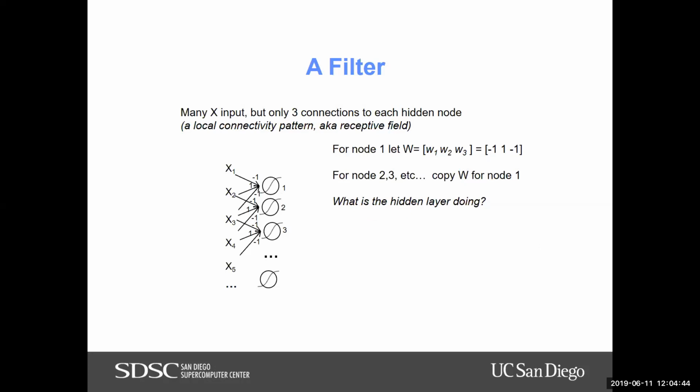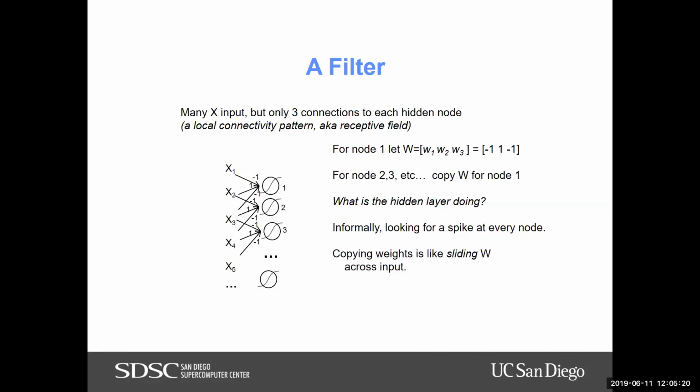Now imagine you do this. Let's say I take those weight values, and now I'm going to copy those weight values for all the other nodes. So now all the nodes are just looking for a spike in the set of 3 inputs that are feeding into it. And notice that for the first node, I have inputs 1, 2, 3. For the second node, I have inputs 2, 3, 4. The third node is going to be inputs 4, 5, 6, and so on. So in some sense, this is looking for a spike at every node.